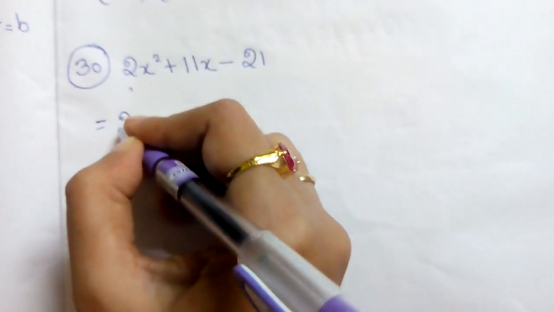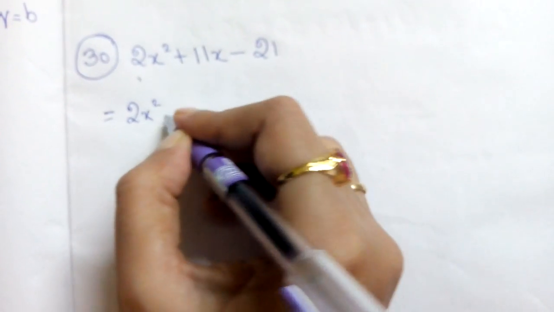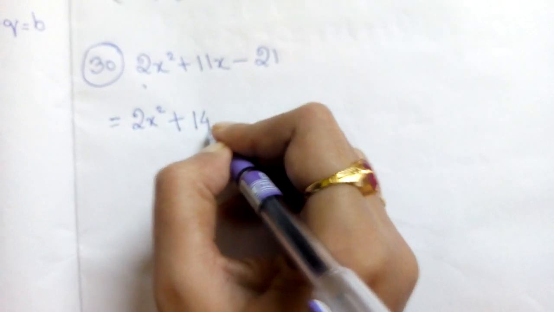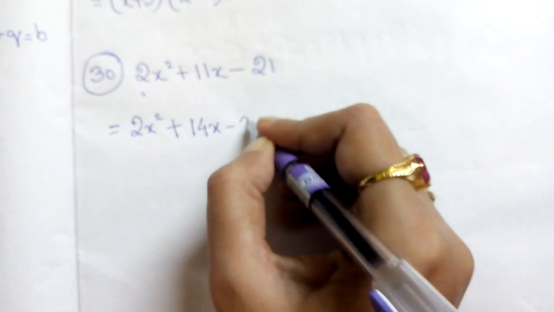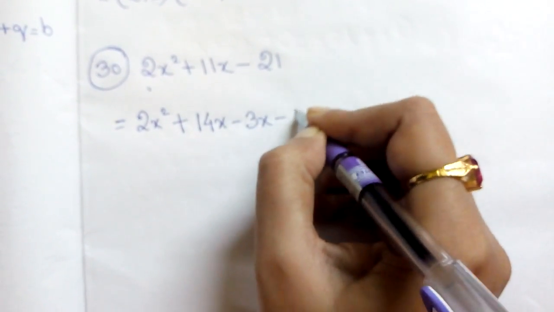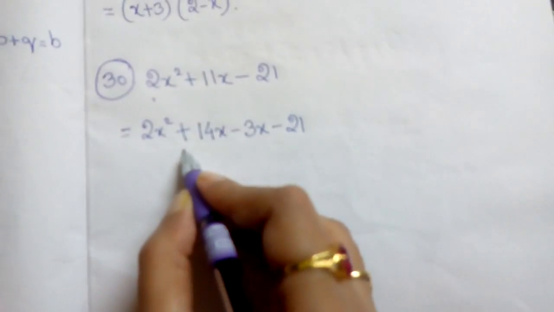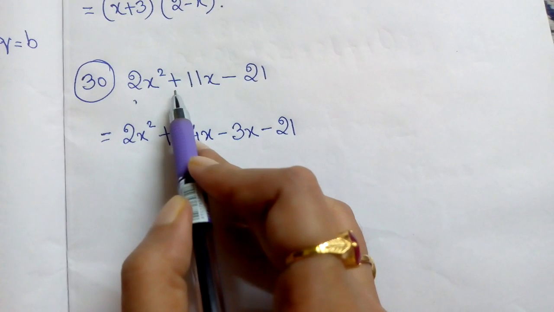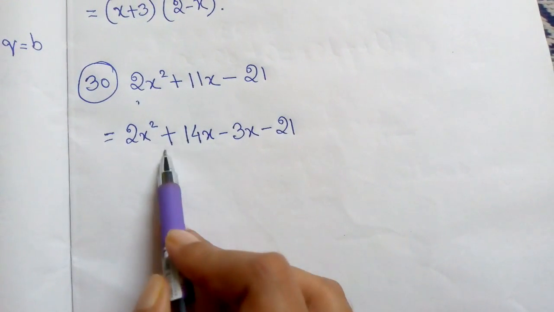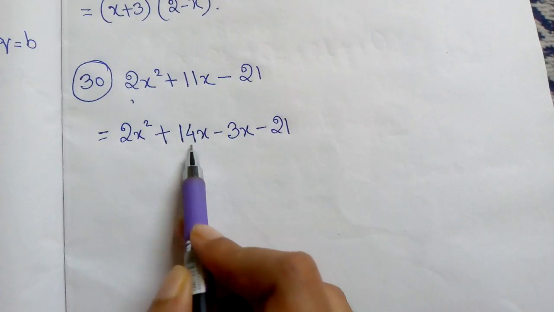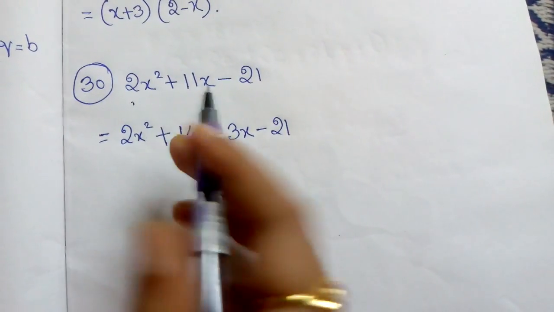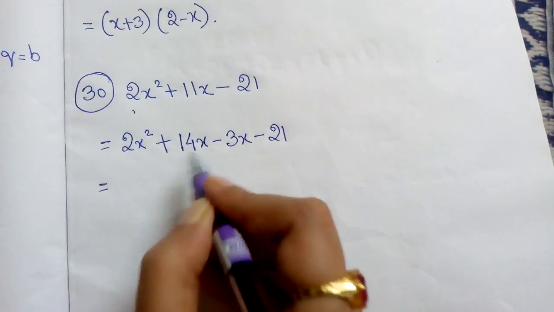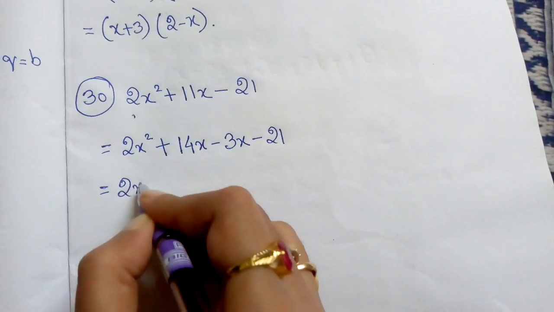So I will be writing 2x square plus 14x minus 3x minus 21. I have taken plus sign in the greater magnitude because in the question it's given plus, so that I can get back plus sign. From these two I can take 2x common.